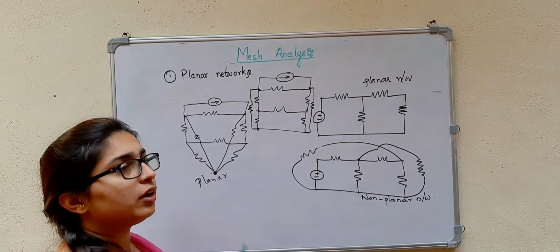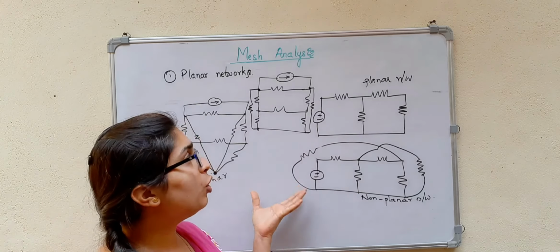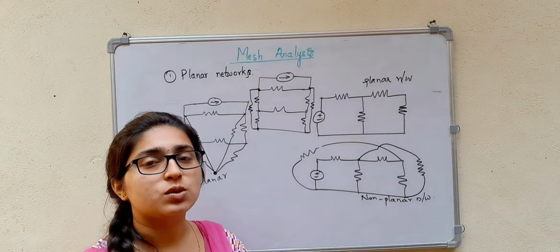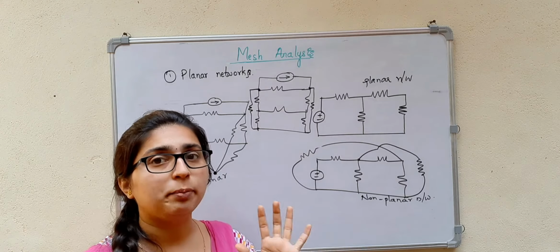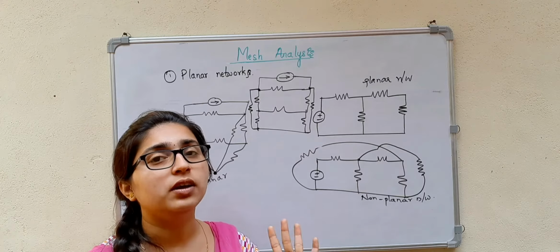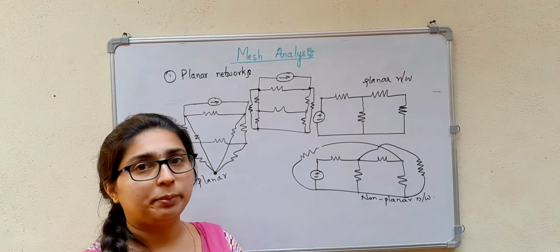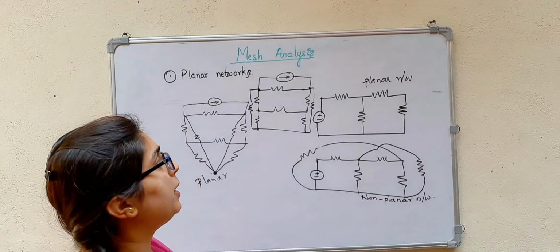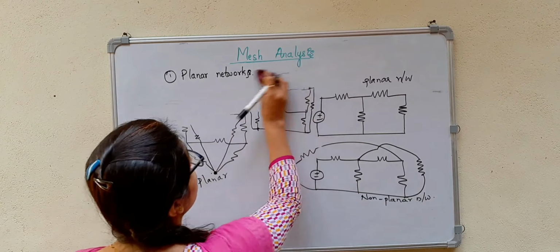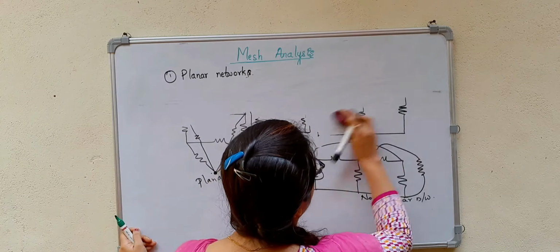So whenever you are given a circuit and you want to apply mesh analysis, first we have to see if that particular circuit is a planar one or a non-planar one, because if it is non-planar we cannot apply the mesh analysis method. Now we will consider a circuit here.